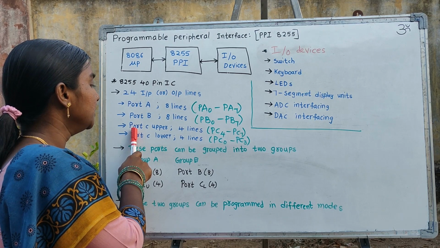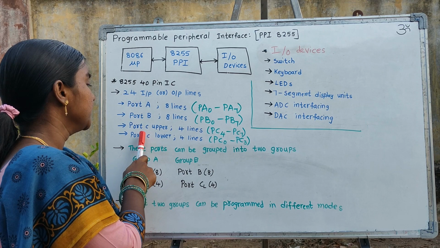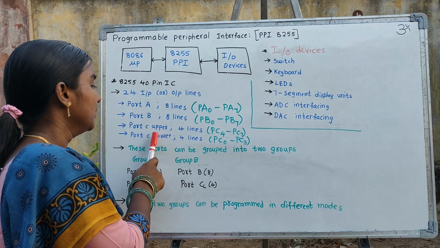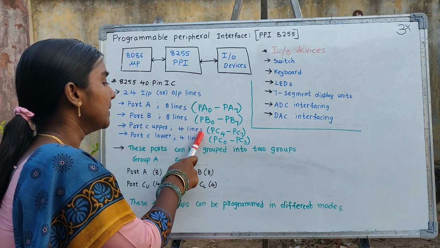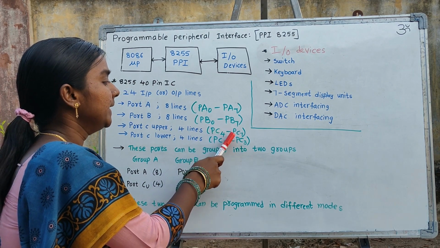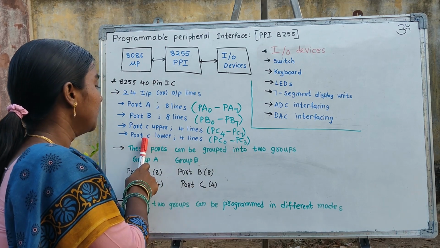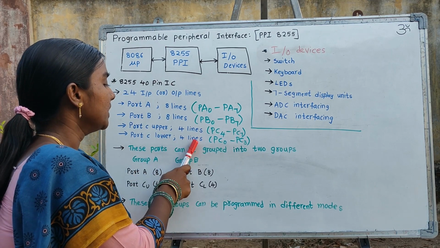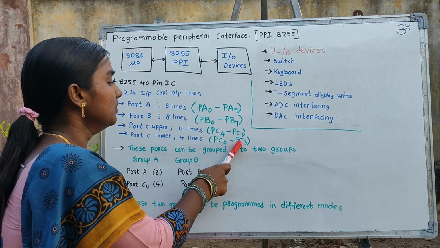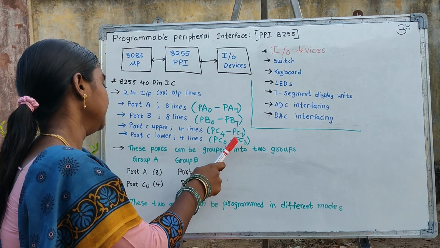They are divided into 2 subgroups: port C lower and port C upper. Port C upper consists of 4 lines, which we may denote as PC4 to PC7. Port C lower consists of 4 lines, which we may denote as PC0 to PC3.